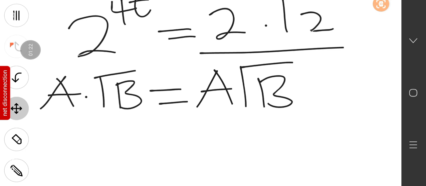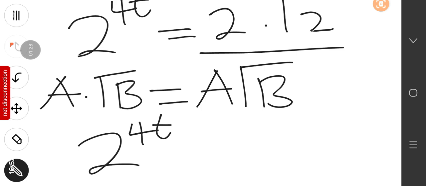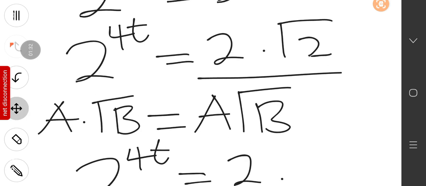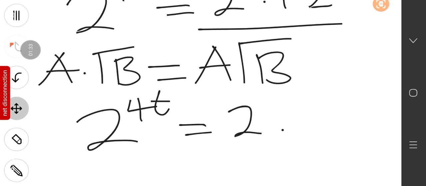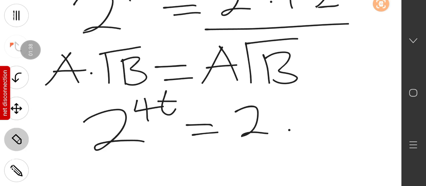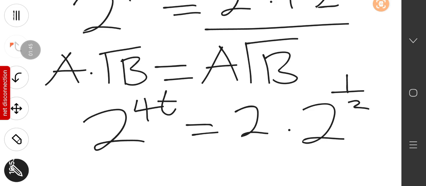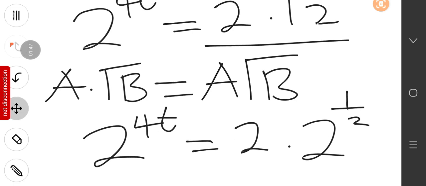Now we are going to have 2 exponent 4t equals 2 times. Now we can change the square root on top of the 2, so the square root changes to be half.